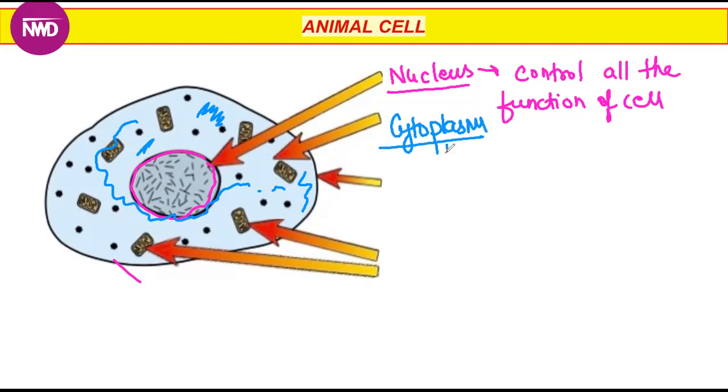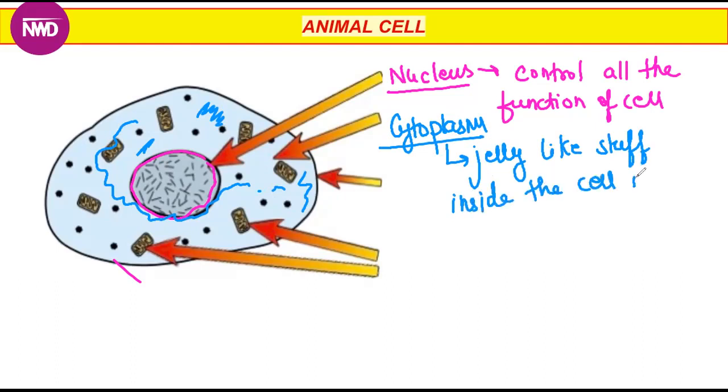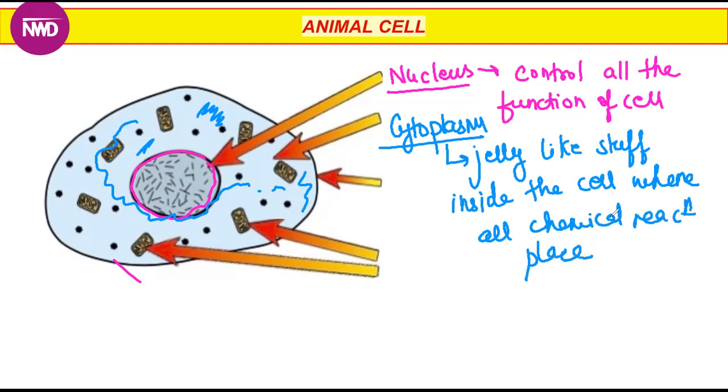So what is cytoplasm? It's a jelly-like stuff inside the cell where all chemical reactions take place. All the chemical reactions within the cell take place at this jelly-like portion of the cell. I hope this is clear.